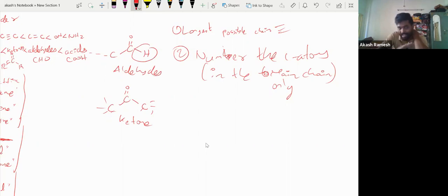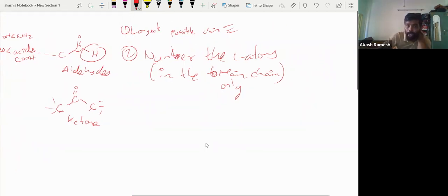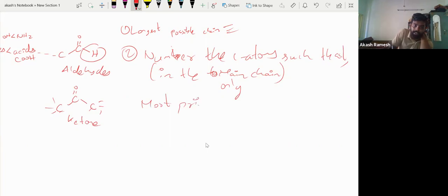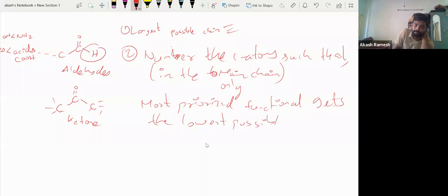You cannot just do it randomly. You number the carbon atoms in the main chain such that the most prioritized functional group gets the lowest possible number. This is how you must number the carbon atoms. We will take some examples like this.